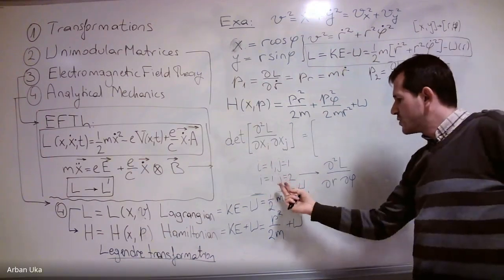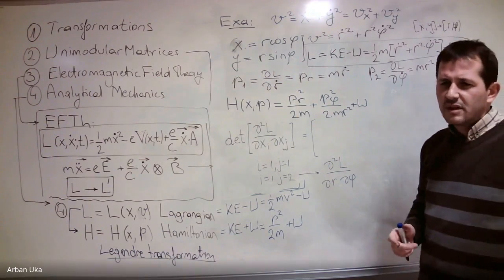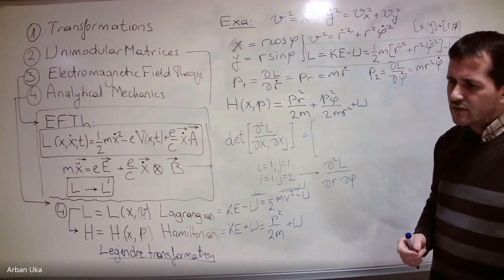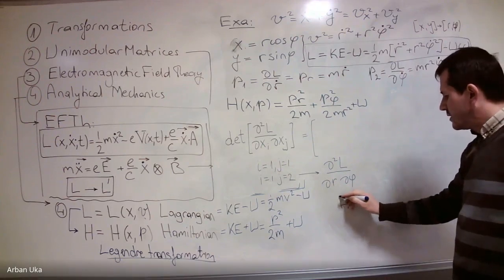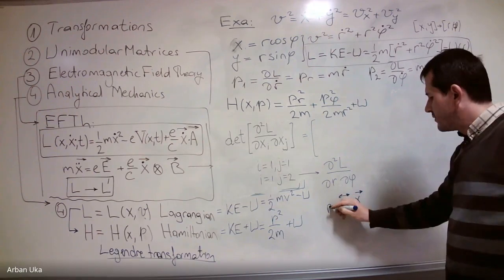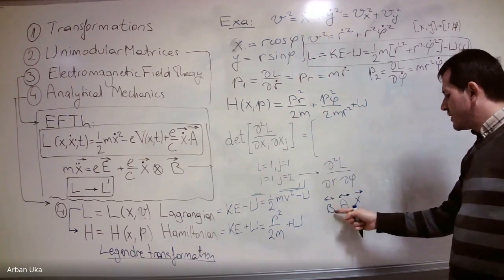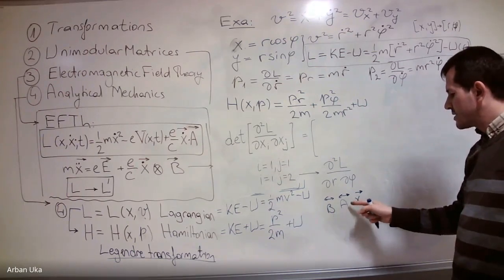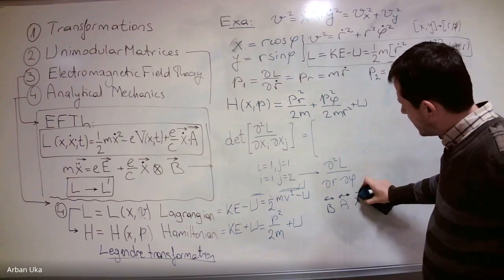Then if we interchange those, we know that the derivative is a linear transformation. That means that if we have a matrix A applied on a vector x, and here we have a matrix B, we can interchange this by applying first B on x and then A, or at least the derivative has this property.